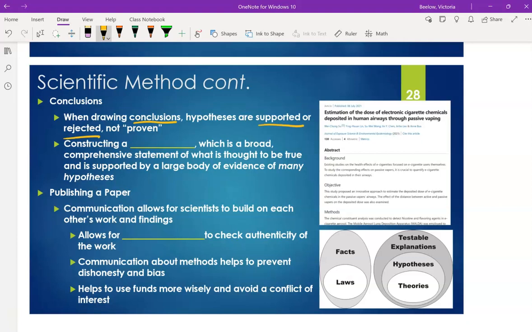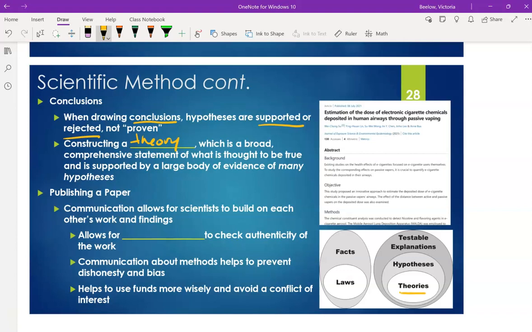And if you do an experiment enough, you support a hypothesis enough, it can lead to constructing a theory. Now, oftentimes this is used in everyday language. Oh, that's just a theory. But in the science world, a theory is really important.